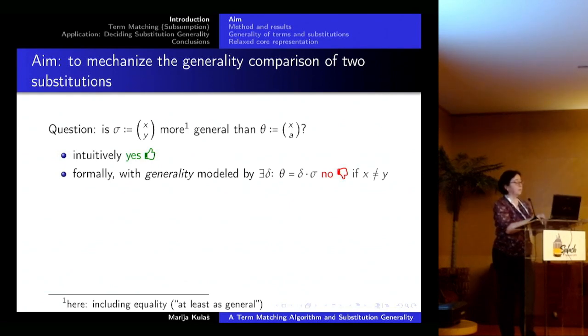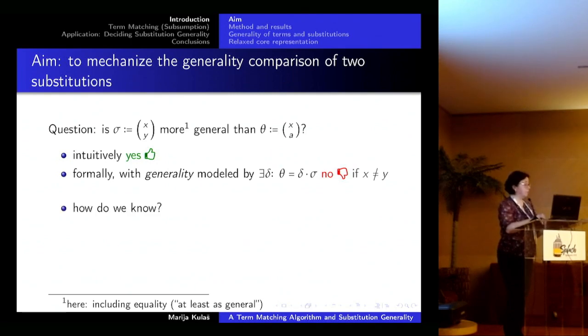In case that the meta variables x and y here point to different object variables. I will be using only meta level in this talk, so no reference to object variables. So in that case, the generality will not hold as we would have expected.